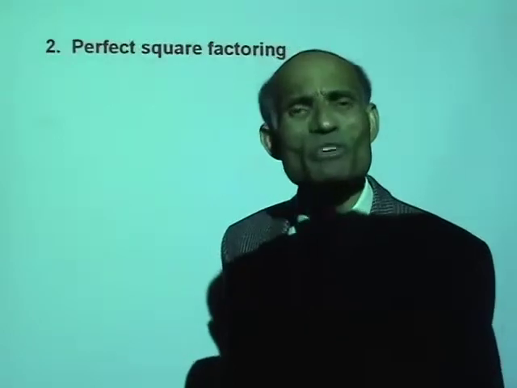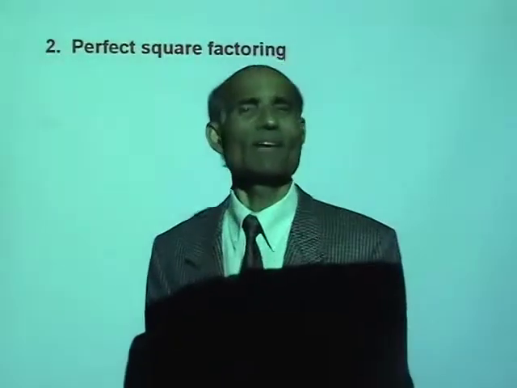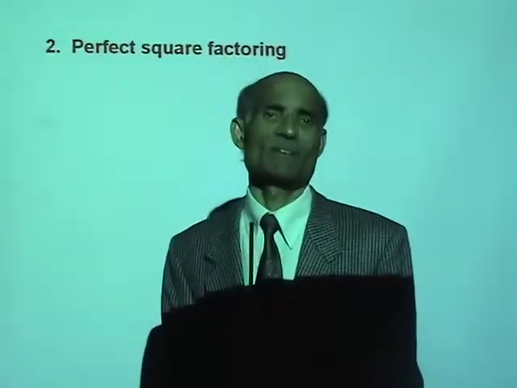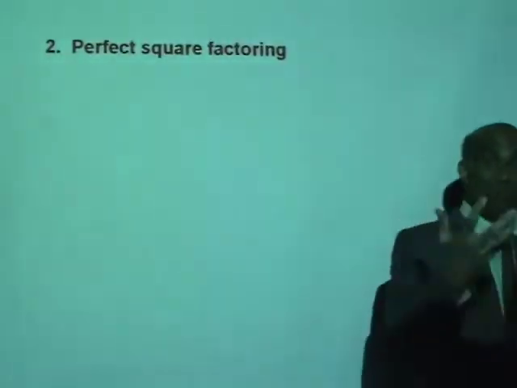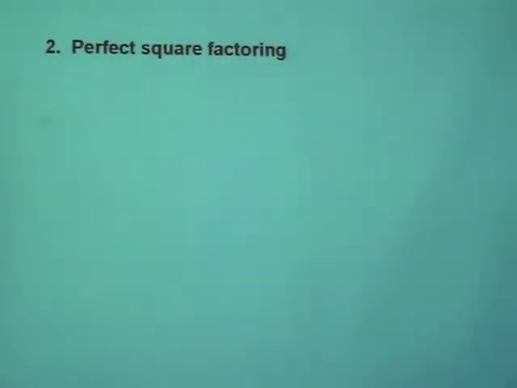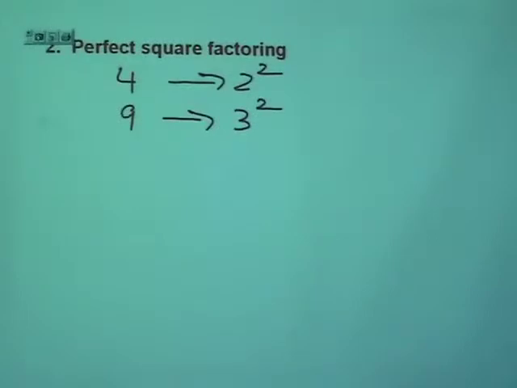What is a perfect square, by the way? Well, there are many numbers that are perfect squares. Is that right? Well, 4 is a perfect square. Why? Because 4 is 2 squared. 9 is a perfect square because it is 3 squared. 16 is a perfect square. Why?